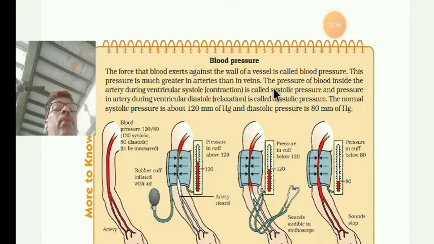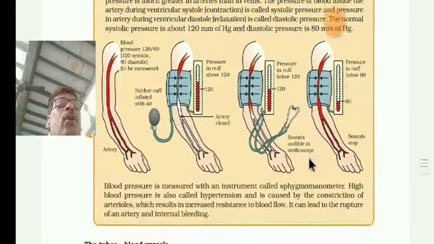So remember both definitions. The normal systolic pressure is about 120 and the diastolic pressure is 80 millimeters of mercury, mm Hg. It may exceed up to 200 also.